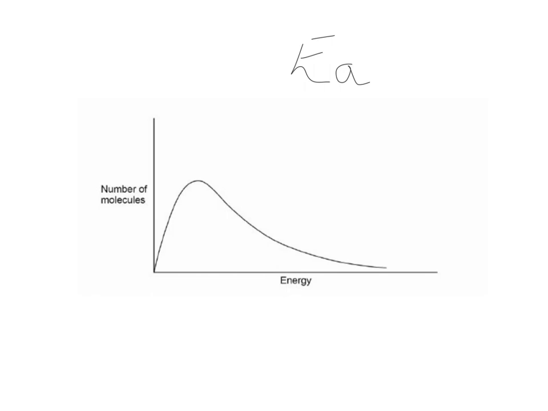So for instance, if our activation energy was this amount of energy, we call that EA. Now, when you look there, what that actually shows you is that the vast majority of the particles, all of the particles on this side, have not got enough energy to collide and react.